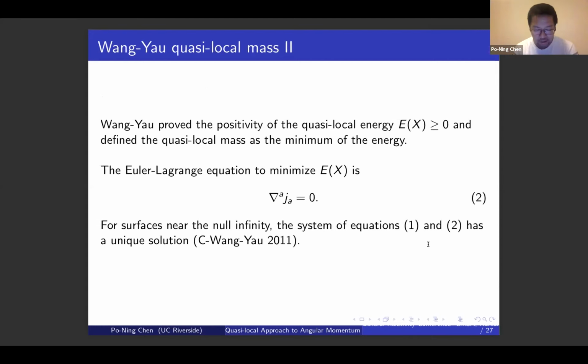And indeed, for surfaces near null infinity, the system of equations 1 and 2 indeed has a unique solution.